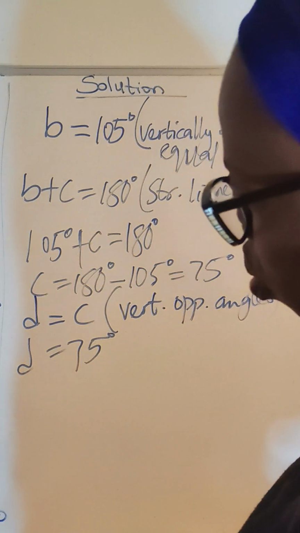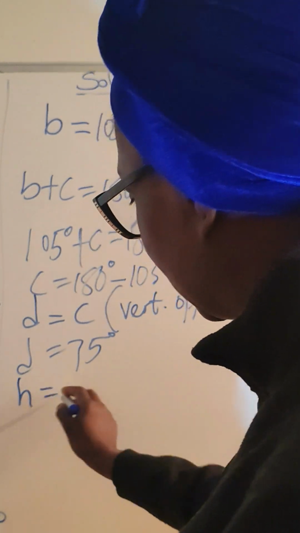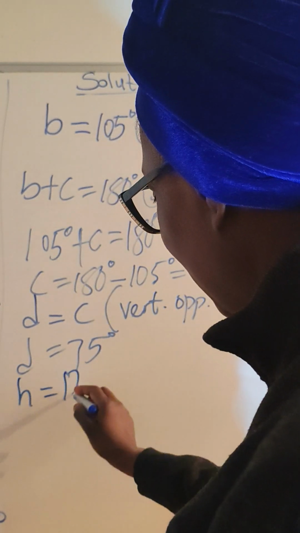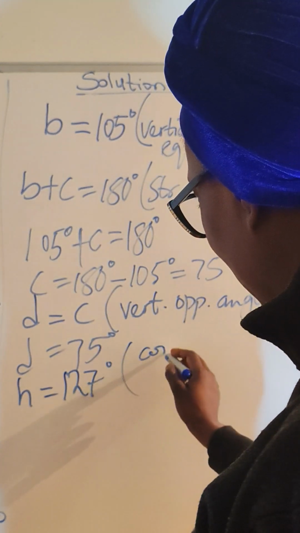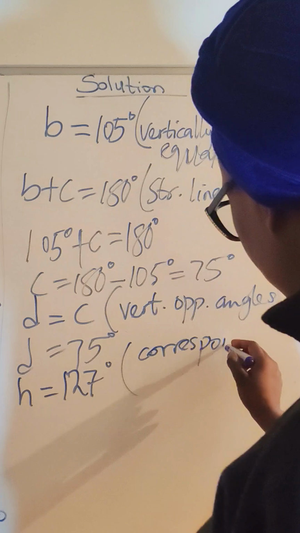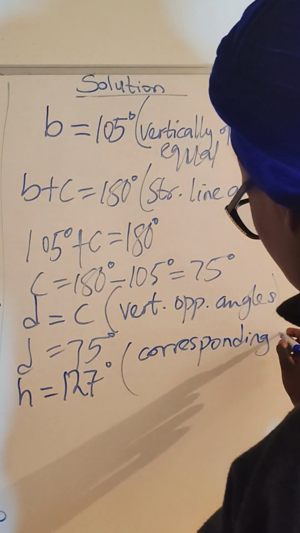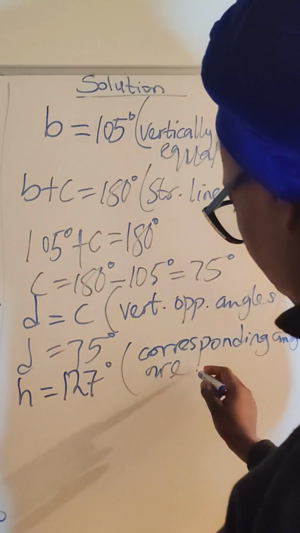We move on. Let's look at angle H. Angle H is equal to 127 degrees. Corresponding angles are equal.